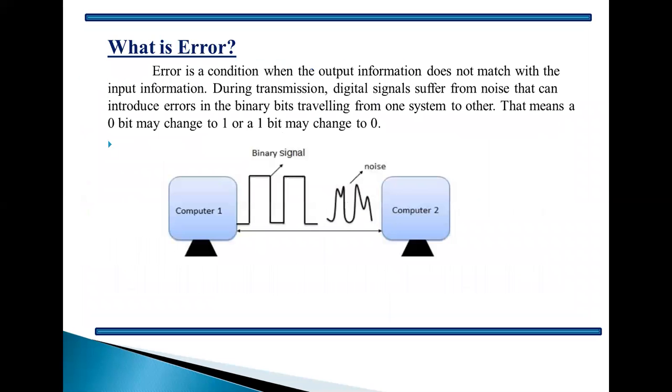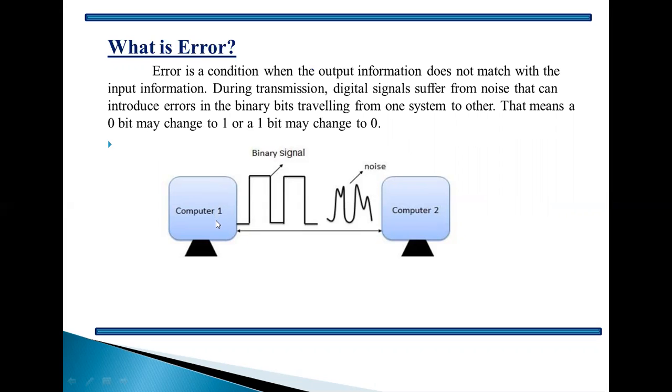Okay, what is error? Error is the condition when the output information does not match the input information during transmission. That means a 0 bit may change to 1 or a 1 bit may change to 0.